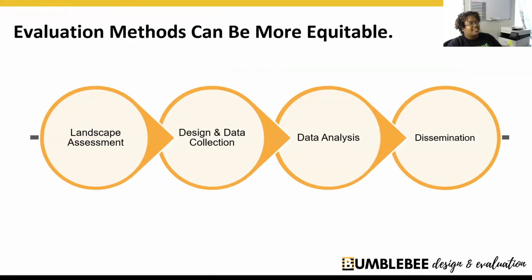The first thing you should know is that evaluation methods can also be more equitable, and that's across the board, from landscape assessment, design, analysis to dissemination, which is generally how we think about our process, planning to dissemination.